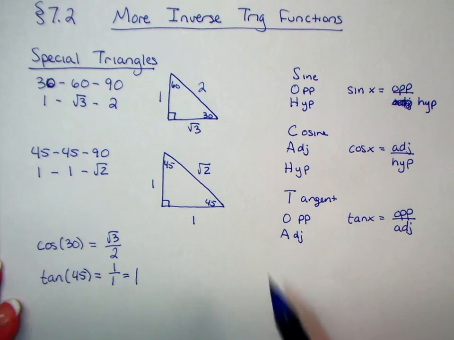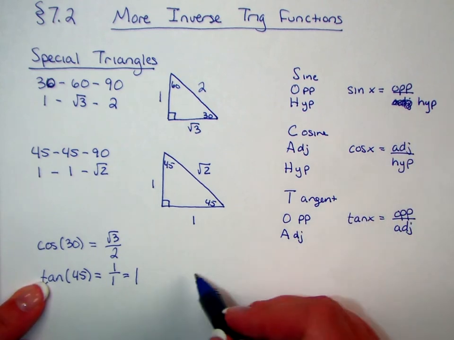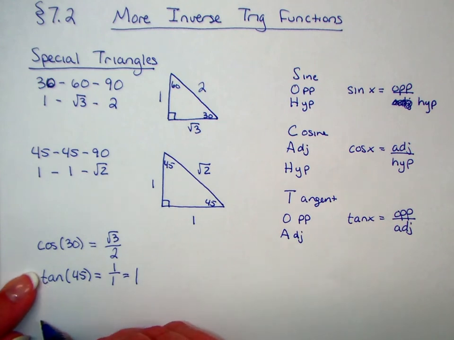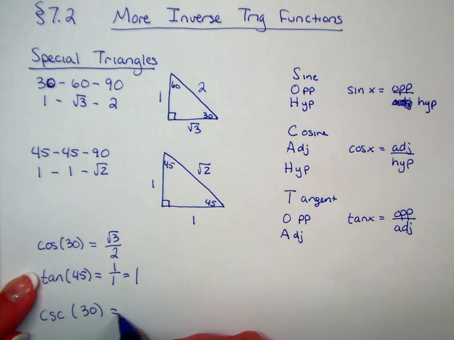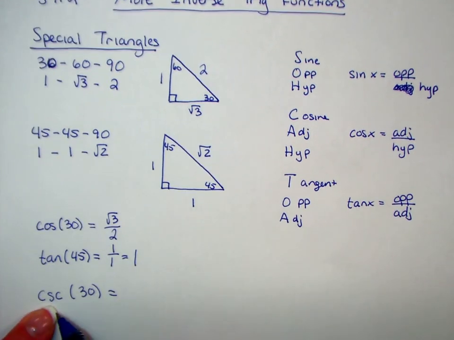Now we can also find the reciprocal ratios. So if I wanted to know what cosecant of, let's just do 30 degrees here, right? The ratio for cosecant is the reciprocal of sine, right?